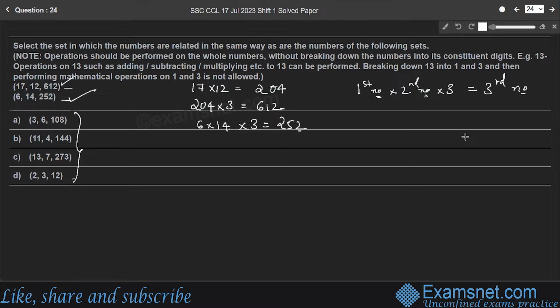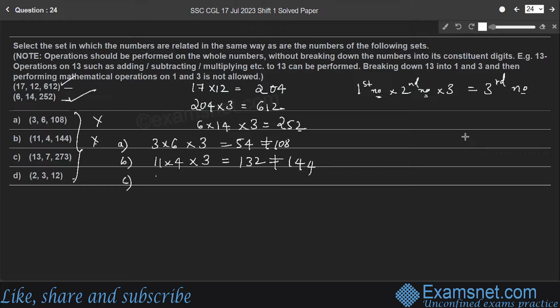Let us consider option A. 3 into 6 is 18. 18 into 3 is 54, which is not equal to 108. Therefore, option A doesn't follow the same logic. Consider option B. 11 into 4 is 44. 44 into 3 is 132, which is not equal to 144. Therefore, option B also doesn't follow the same logic.